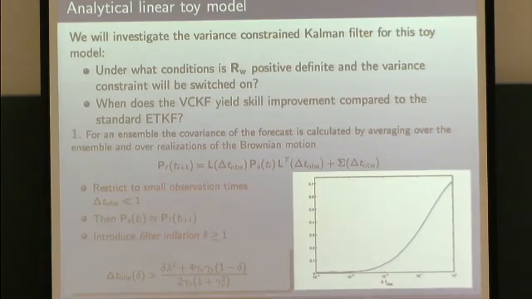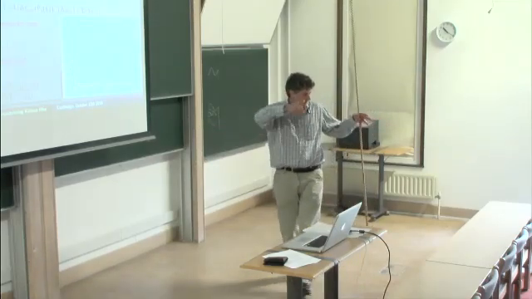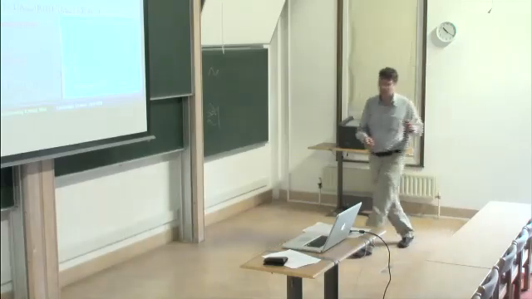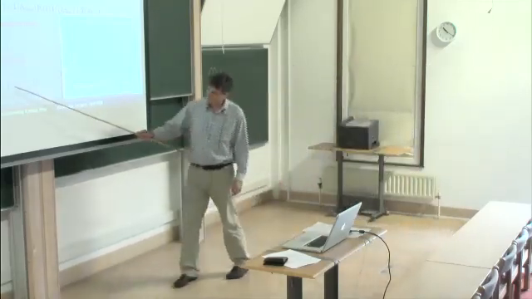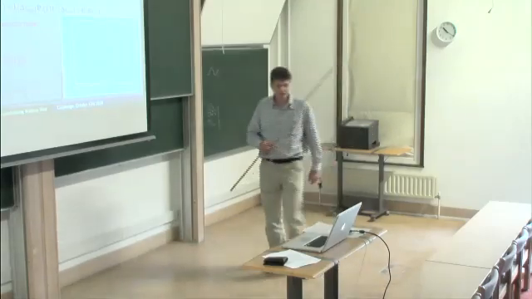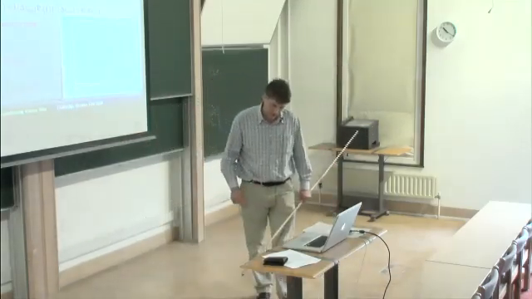Inflation is done if you feel like your ensemble will not have enough spread, then you can multiply your error covariance with a constant scalar delta. Delta equal to 1 is no inflation, and delta larger than 1 is if you do this inflation.